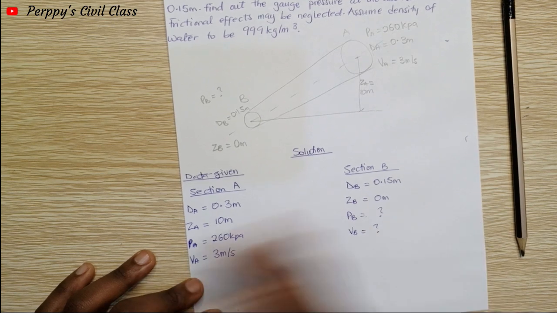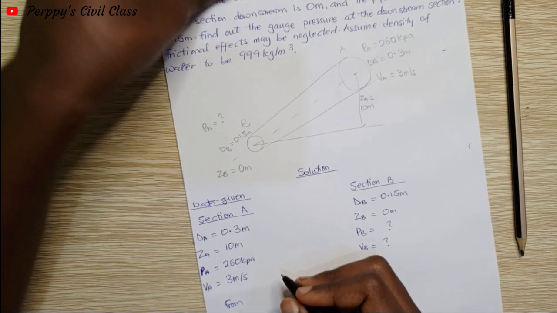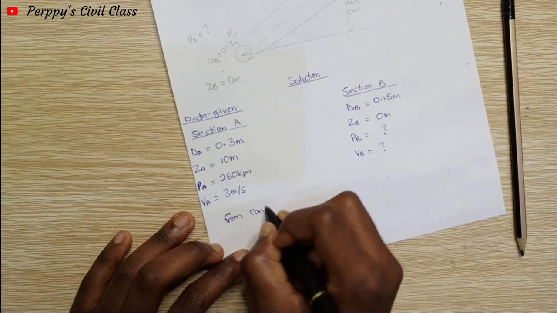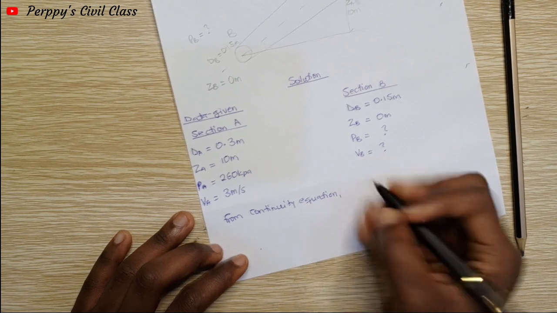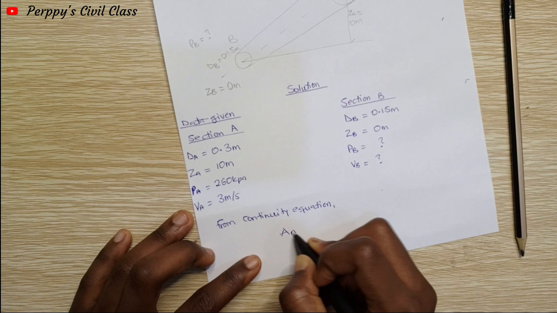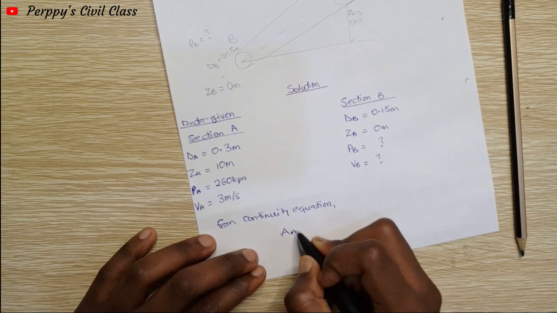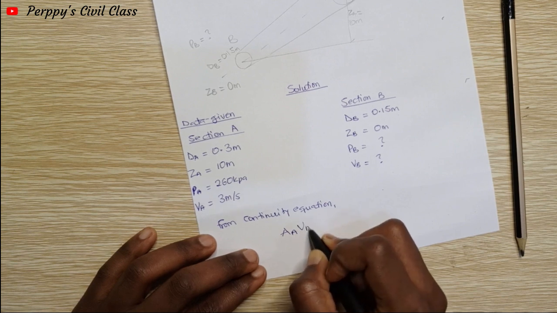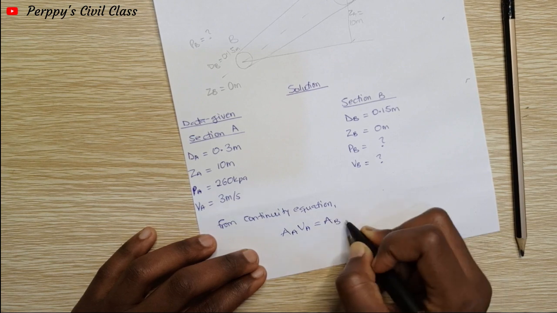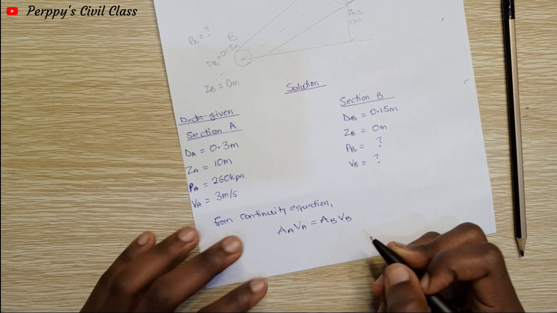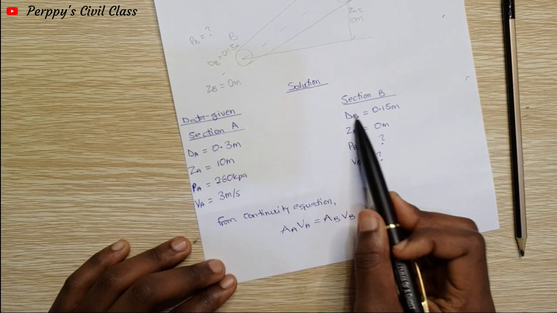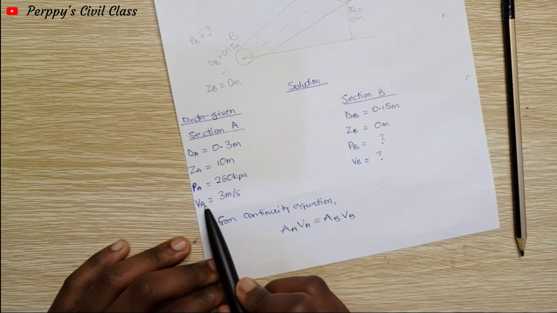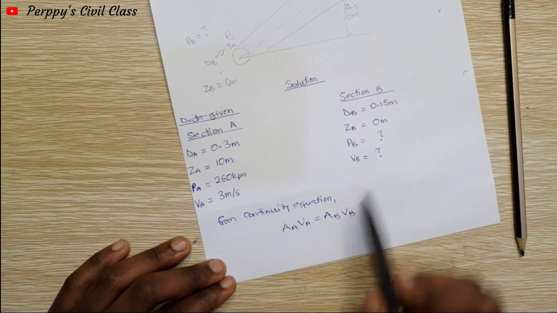So from the continuity equation, we know that AA, the cross-sectional area at A, multiplied by the velocity at A is equal to the cross-sectional area at B multiplied by the velocity at B. From this equation, we already have our diameters, so we can calculate our areas, and we have the velocity at A already, so we make velocity at B the subject.